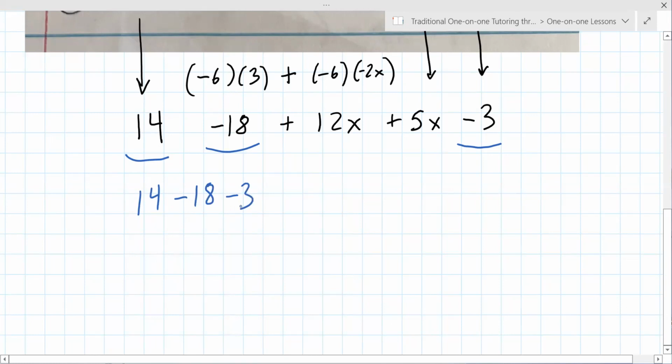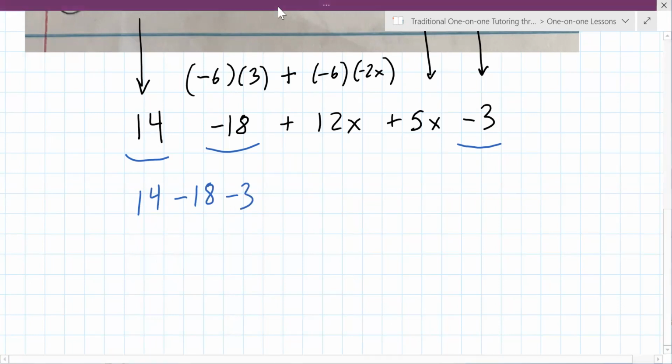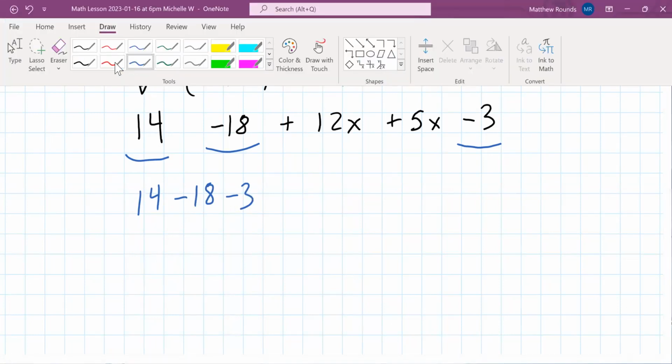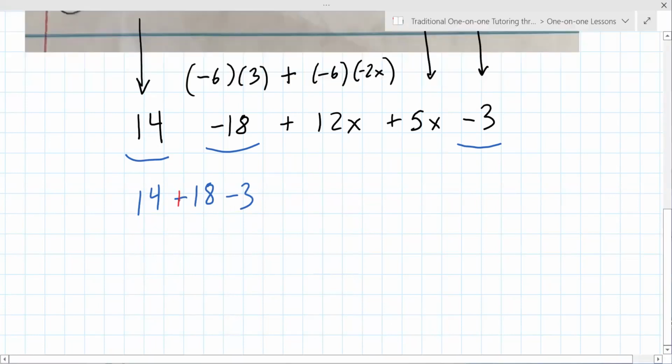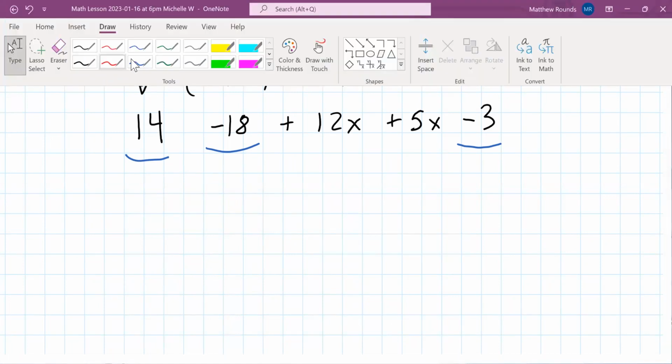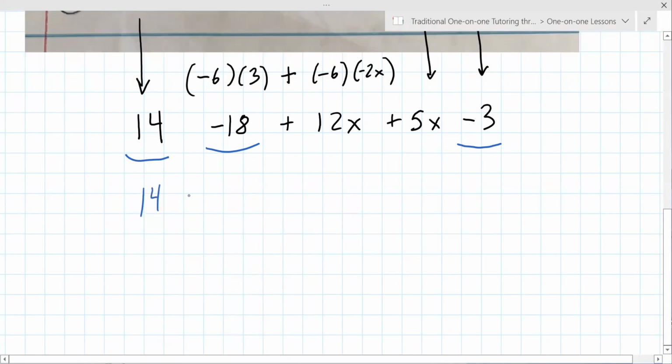And perhaps this is uncomfortable. Last time, I believe we talked about changing the subtractions to adding a negative. Does that look familiar to you? No. Okay, so let's not do that. Let's do them one at a time. Okay, so 14 minus 18.